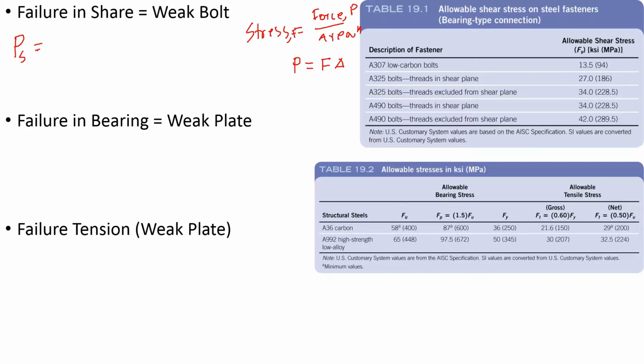If we know the allowable stress that a bolt can take is Fv, we can express that using Fv times the area of the cross section of the bolt, which we can express by using the bolt area or something like that. This Fv comes from this table 19.1.